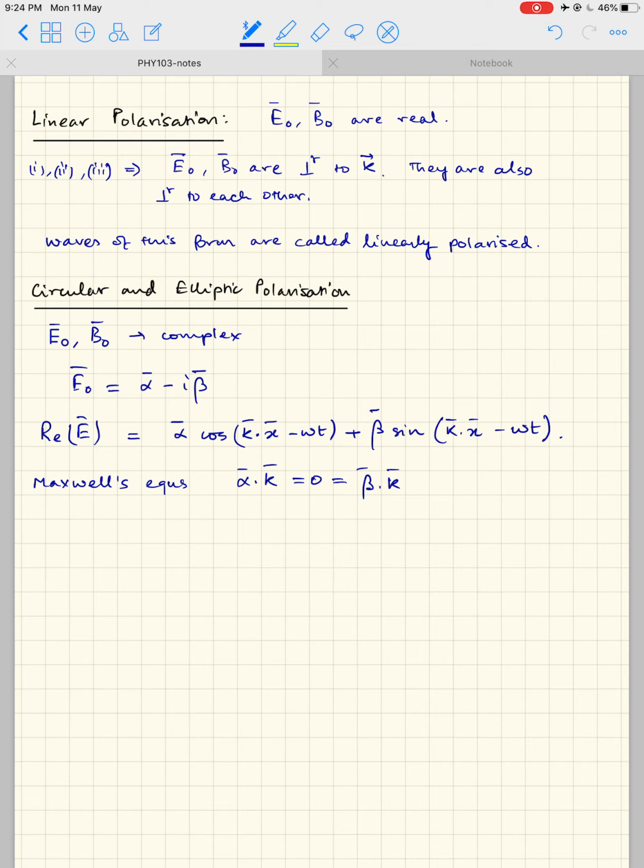So the direction of E at some point in space, say x equal to 0, does not point in a fixed direction.